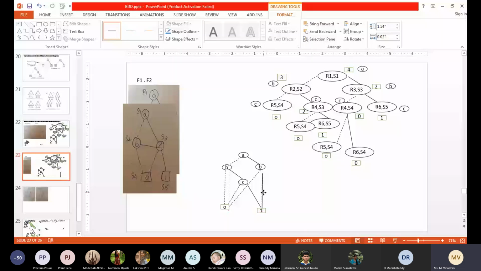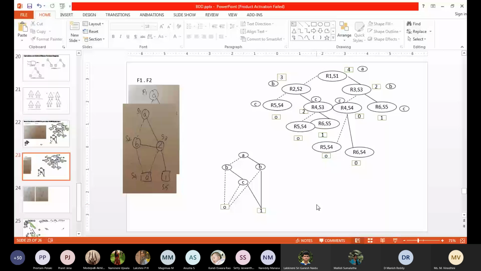Any redundant nodes are there now here? So now if you see here, this is 2, 0, 1. This is also 2, 0, 1. This C also, when it is 0, it is going to 0. When it is 1, going to 1. B also, when it is 0, going to 0. When it is 1, going to 1.